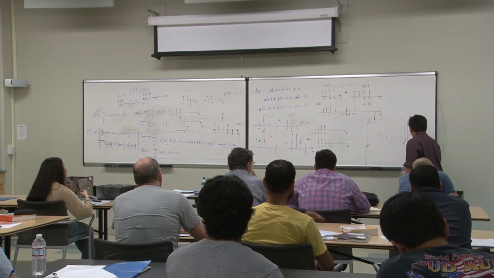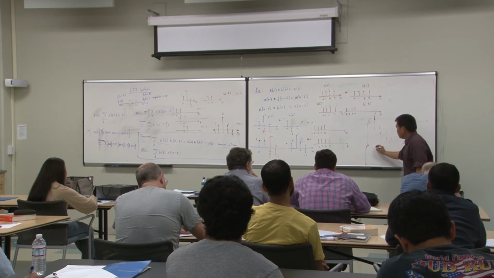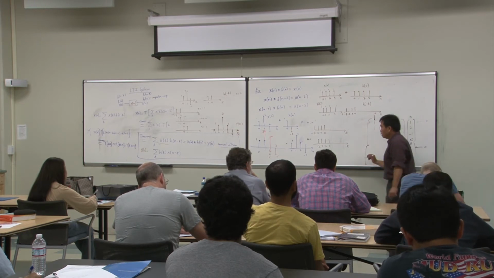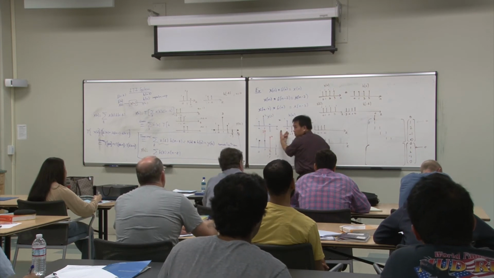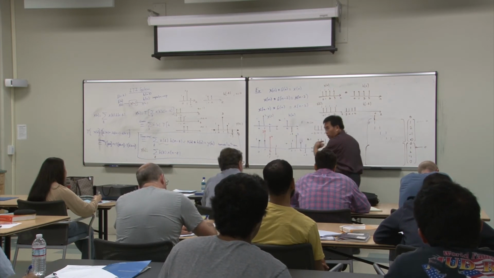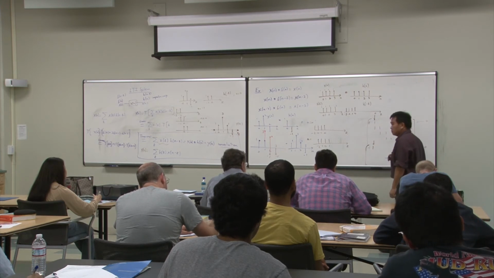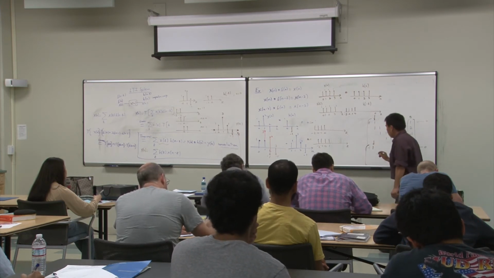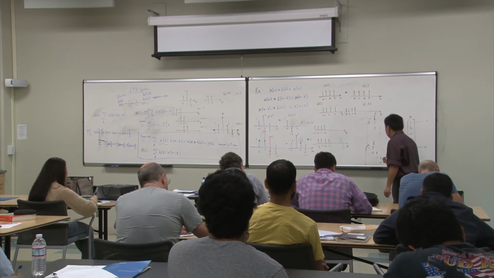Times 0 here, what could be the corresponding row? See, you have to flip. So it's minus 1, 1, times 0 here, then minus 1, 1, minus 1, 1, minus 1, 1, like that.